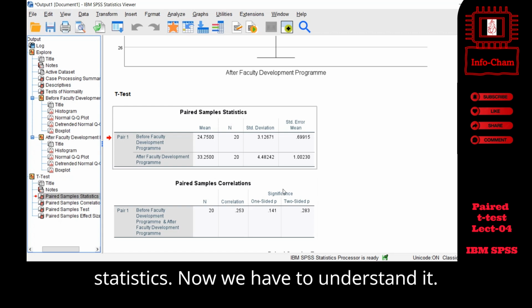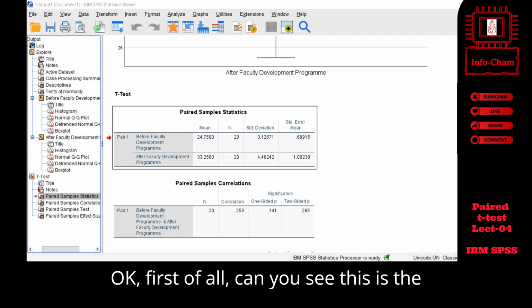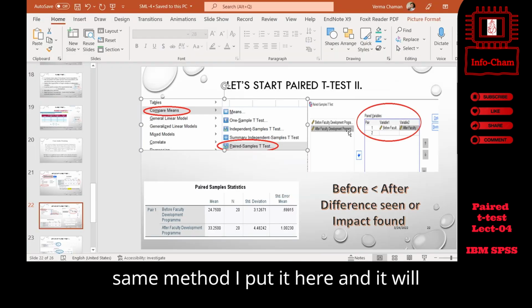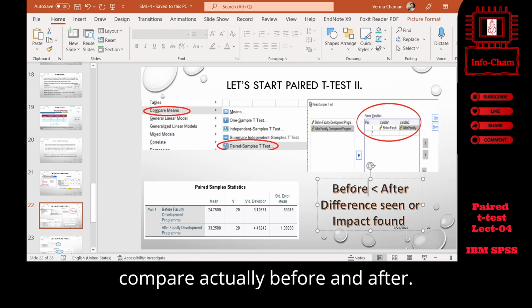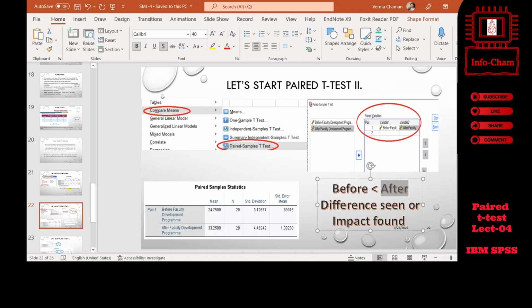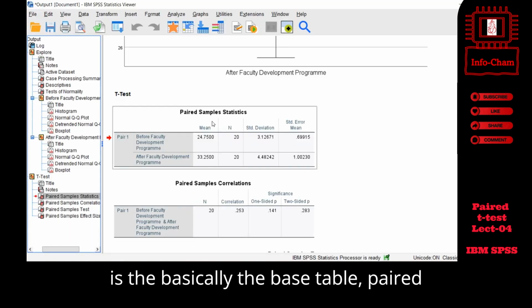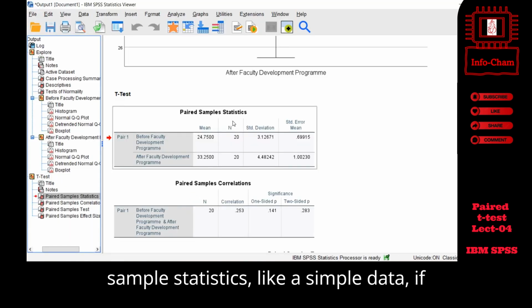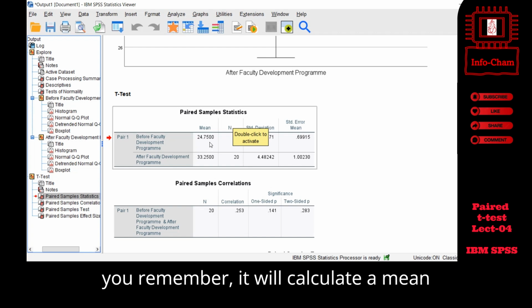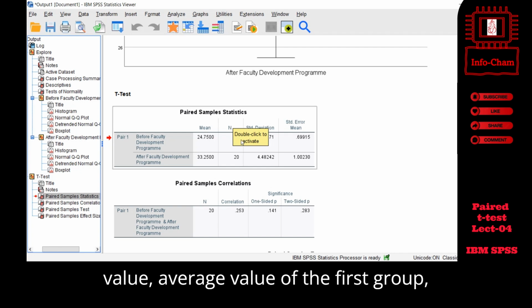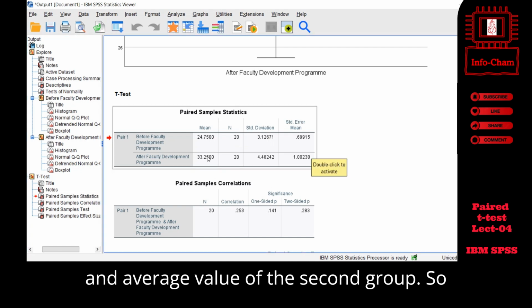Now we have to understand it. First of all, can you see this is the same method I put here, and it will actually compare before and after, right? The first table, which is basically the base table, Paired Samples Statistics, like a simple t-test if you remember, calculates the mean value, the average value of the first group and the average value of the second group.